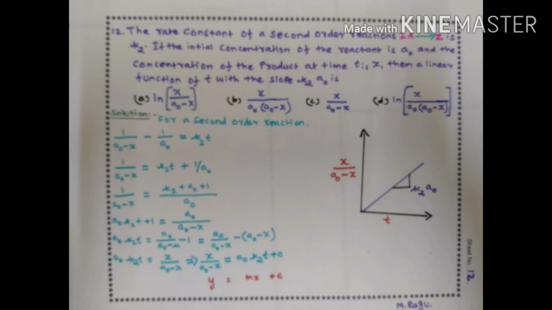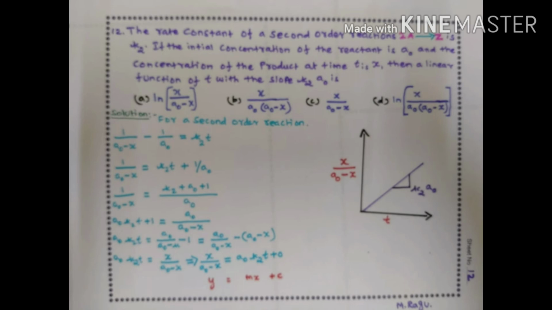See the graph. The x-axis is time, the y-axis is x divided by (A0 minus x). The slope is K2A0.